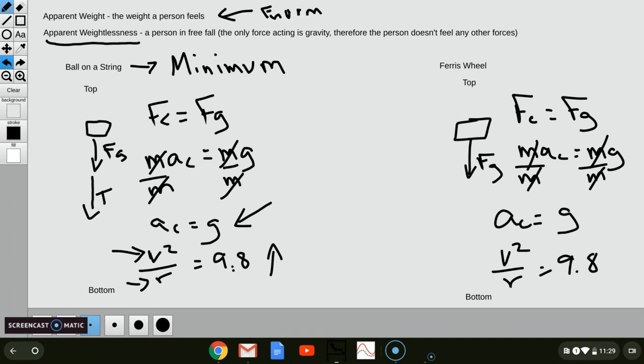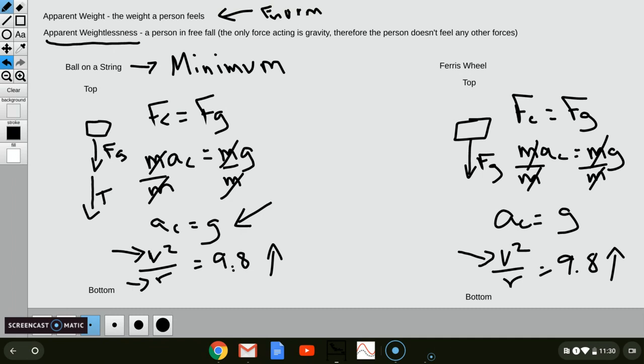We just have a normal force because at this point in the Ferris wheel, there's something sitting underneath us to hold us up. However, if we go too fast, what happens? If we increase this velocity, the centripetal acceleration that we need goes up.